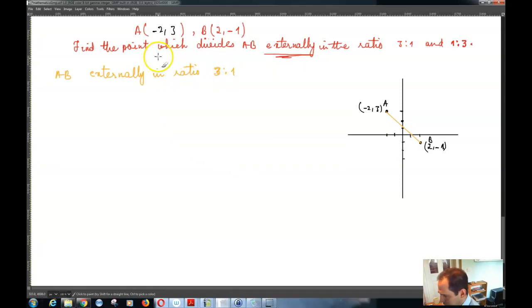So what that means is that if I have my A over here and B over here, and let's say that that point is C, then if the point C is supposed to divide AB externally in the ratio 3 to 1, that means that AC to BC is going to be equal to 3 to 1.